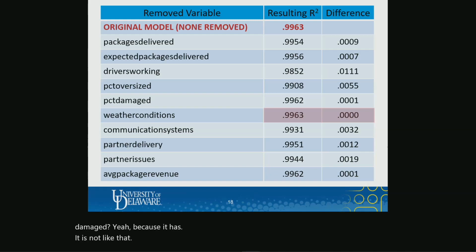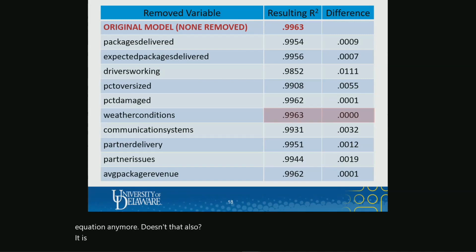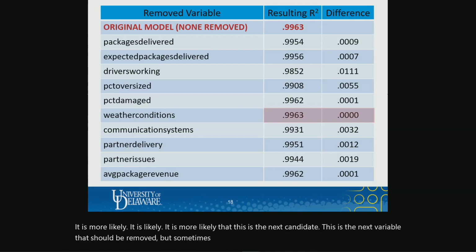So when you drop percentage damaged, this is the reduction. After you drop it, you don't have the weather condition in the equation. It is more likely that this is the next candidate, the next variable that should be removed. But sometimes it is not, because this reduction happened in the presence of weather conditions.